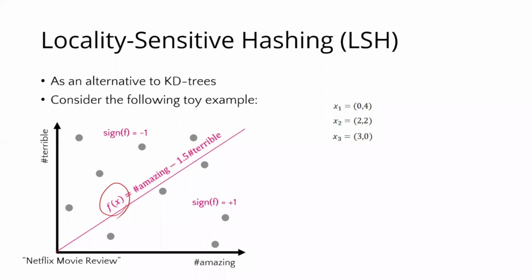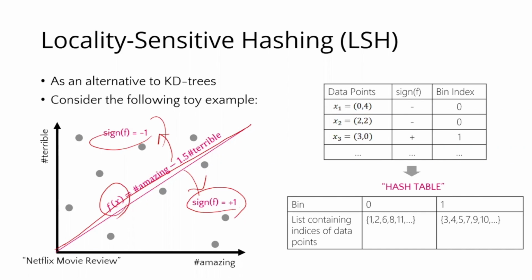In this toy example, anything below this line, below this hash function, is going to have the positive sign, and anything above this line will have a negative sign. Using that, you can create a hash table with 2 buckets, and for each bucket we have a list of members, those are the indices of data points that belong to each of those bins.